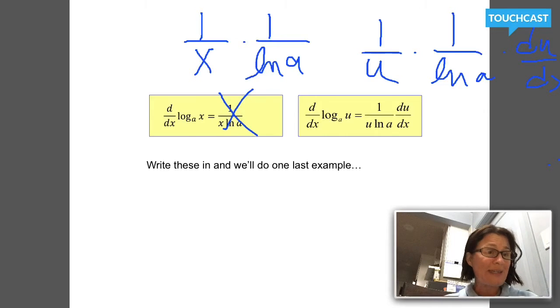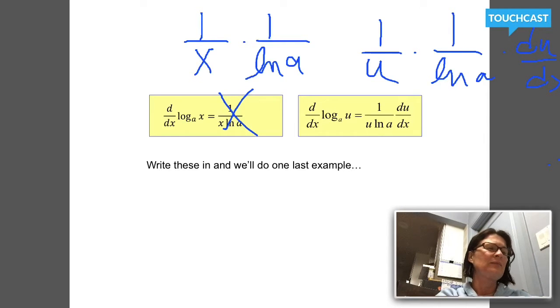They are equivalent algebraically, but you might find that they're a little easier to say. If you tried to memorize this the way it's written, I think it might be easy to accidentally forget where the natural log of a goes. So here I'm just emphasizing that both the u and the natural log of a end up in a denominator. So make sure those rules are written in. We're going to do this example.